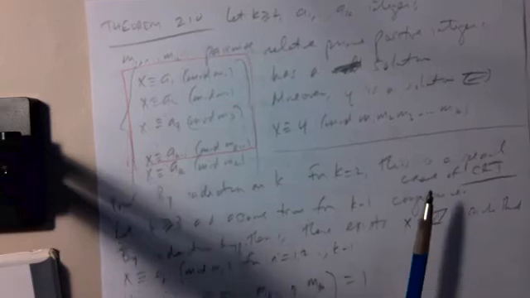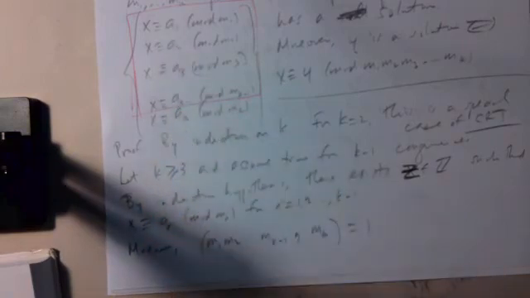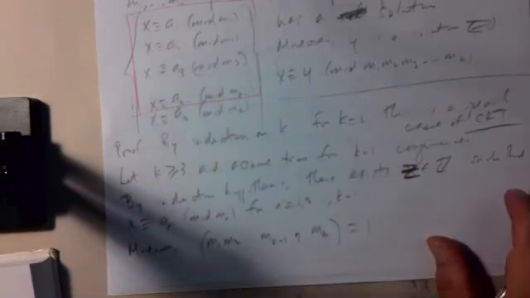So where I said by the induction hypothesis there's a solution, let me call that solution z. So z is a solution of the first k minus 1 congruences.